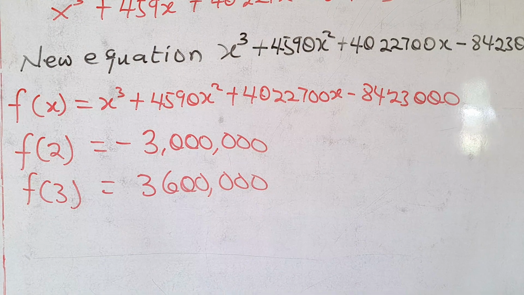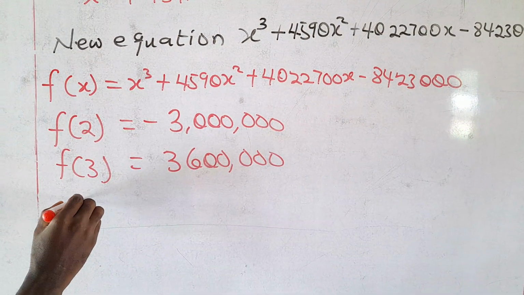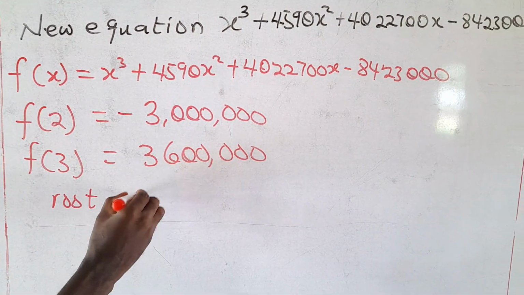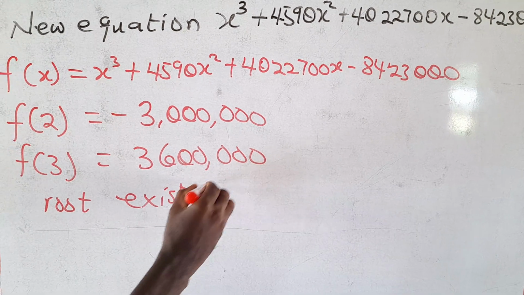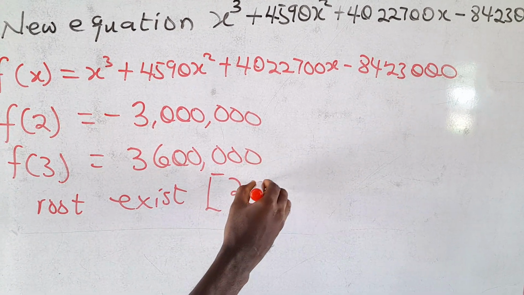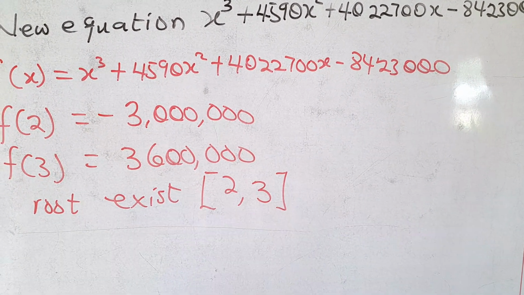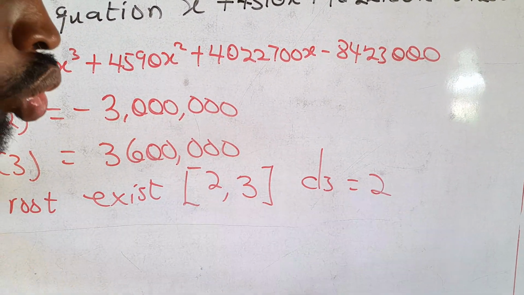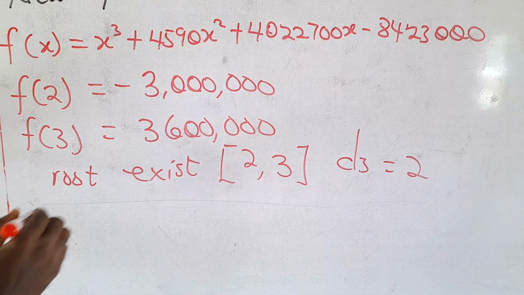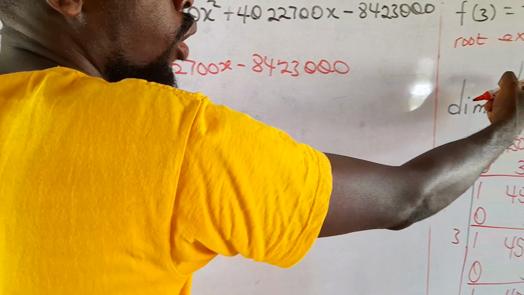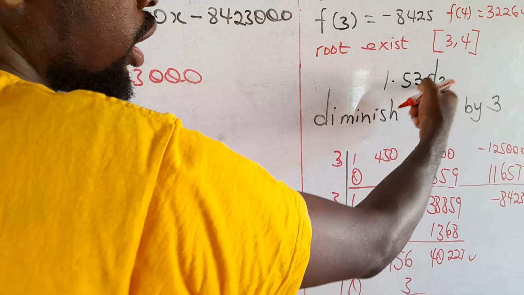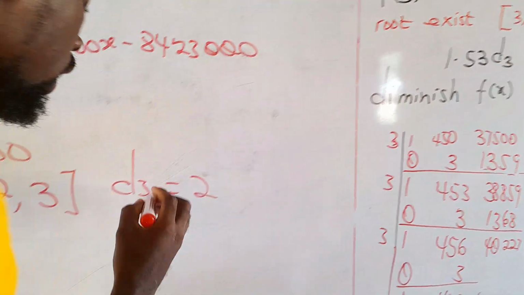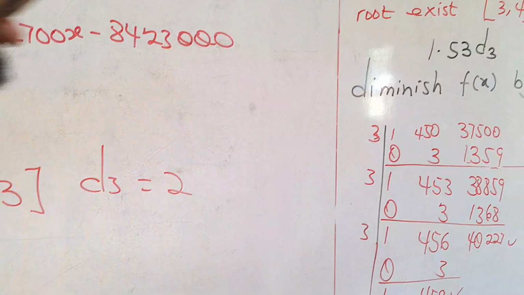So we can say that a root exists from location theory within the interval 2, 3. So our D3 now is 2. So we can say, remember we have 1.53 D3. So this is D3. We just substitute there.